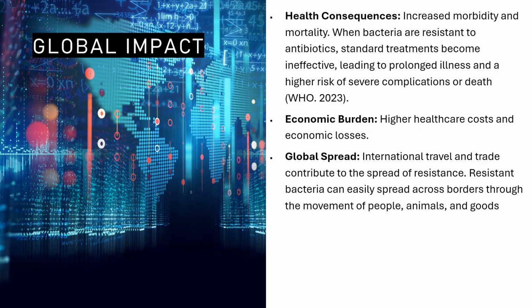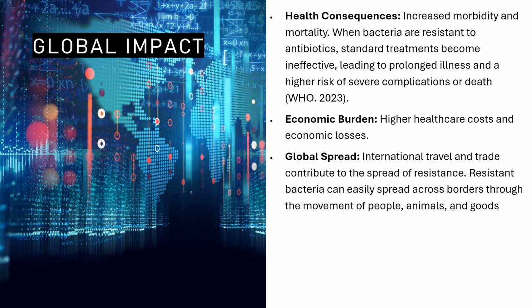Global impact: we have the health consequences, the economic burden, and global spread. Increased morbidity and mortality is the primary concern when it comes to antibiotic resistance. When bacteria are able to resist antibiotics, standard treatments will be less effective and lead to prolonged illness and a higher risk of severe complications such as death.